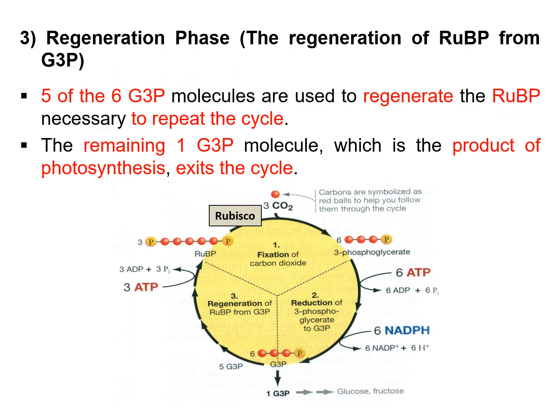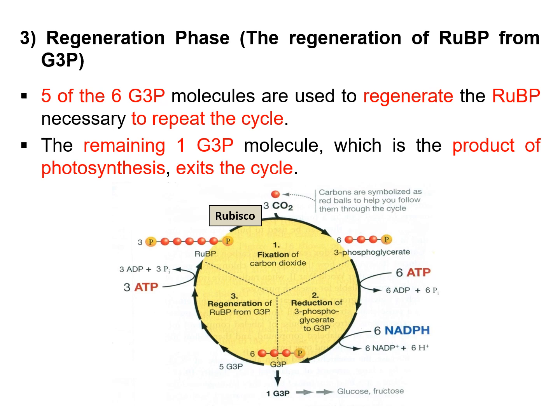Whereas in the final phase, which is the regeneration phase, it is a phase to regenerate ribulose biphosphate from glyceraldehyde 3-phosphate. In this phase, 5 out of 6 glyceraldehyde 3-phosphate molecules, which were produced by the reduction phase, are used to regenerate ribulose biphosphate.